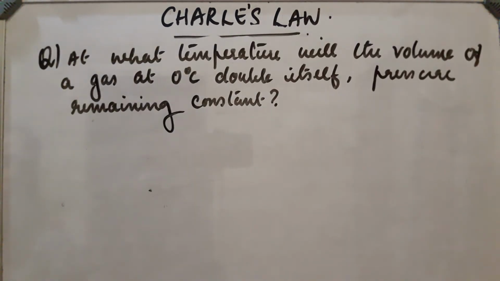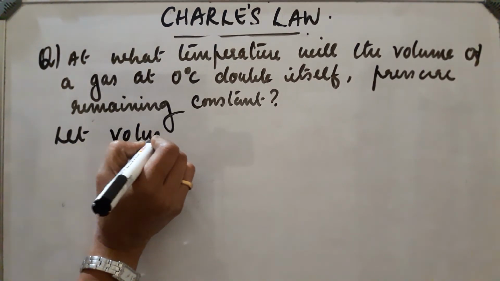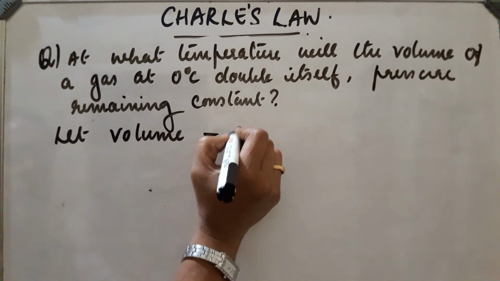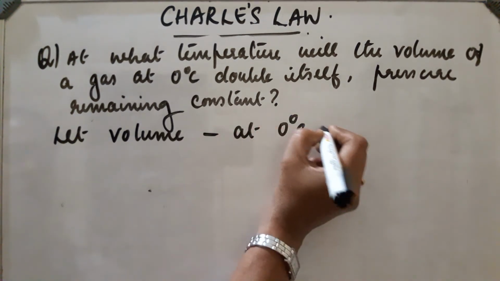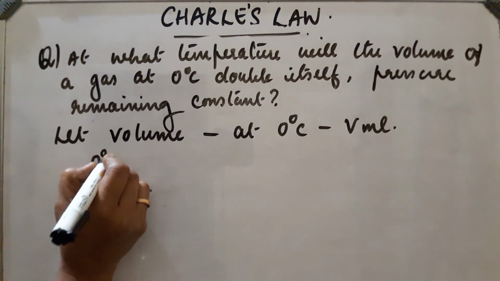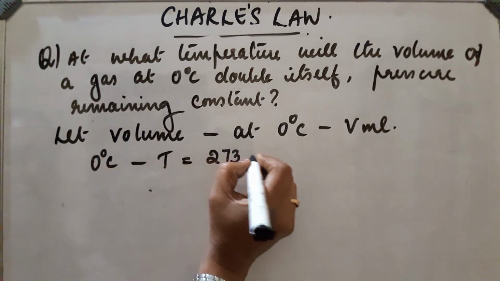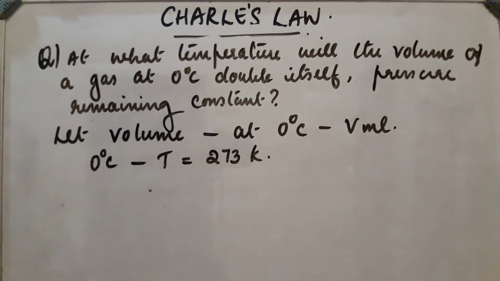A question based on Charles' law. At what temperature will the volume of a gas at 0 degrees Celsius double itself, the pressure remaining constant? Let the volume at 0 degrees Celsius be V. 0 degrees Celsius means the temperature is 273 plus 0, that is 273 Kelvin.